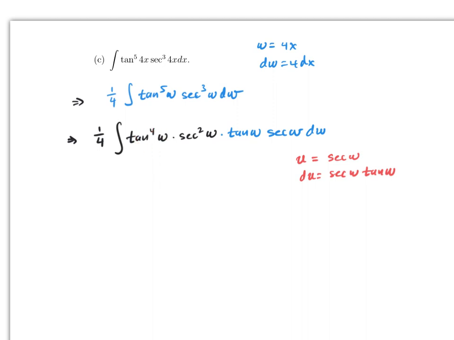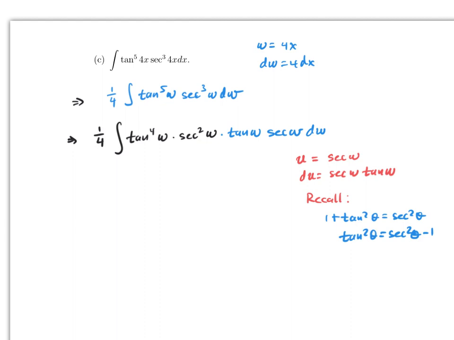Now recall that 1 plus tangent squared of theta is equal to secant squared theta, which means tangent squared theta is equal to secant squared theta minus 1.